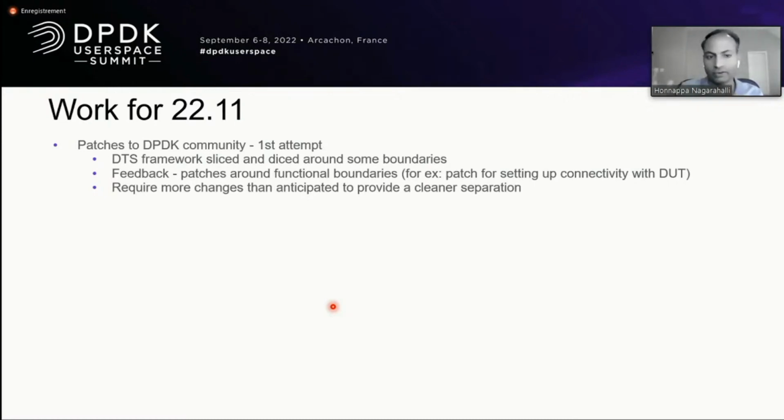They didn't want to take this entire framework in one shot. They wanted smaller groups of patches around functional boundaries. For example, can I have a patch series that just looks at how I can connect to a DUT, or a SUT, right?